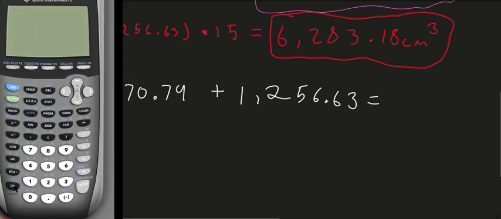So let's turn it on. Let's clear that. We're going to add the 1,570.79 plus the 1,256.63. And what we get is 2,827.42. And that's our final answer.